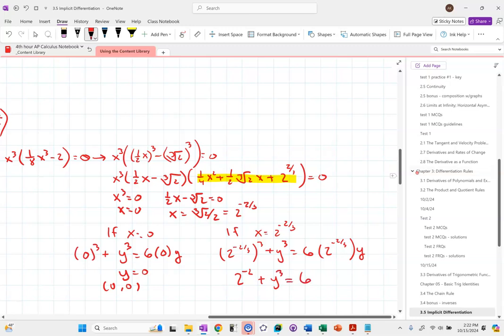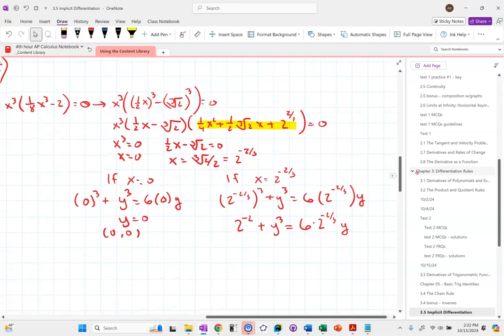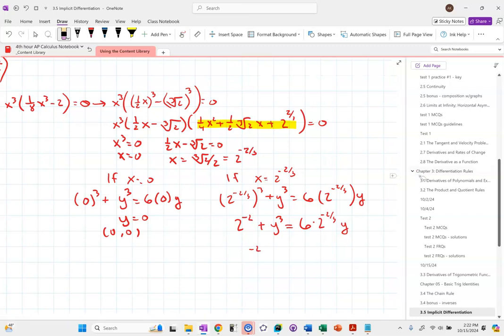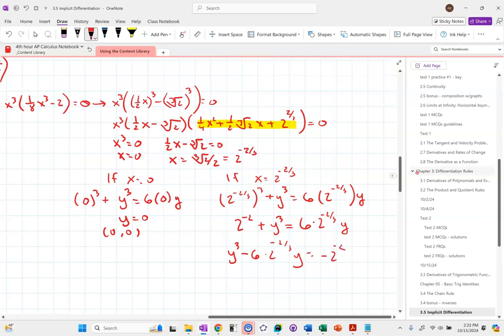And that I'm just going to leave the way it is. So to solve for y, I'm going to get the y's all on one side. So I'm going to subtract the 6 times 2 to the negative 2/3 y over, and then subtract the 2 to the negative 2 over. I can factor greatest common factor of y here.